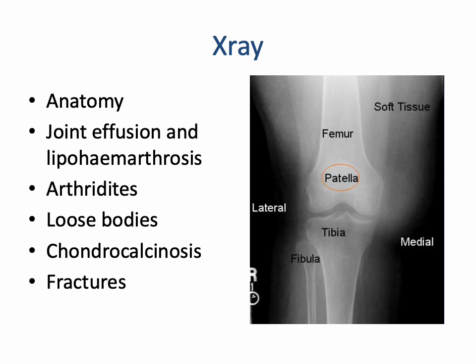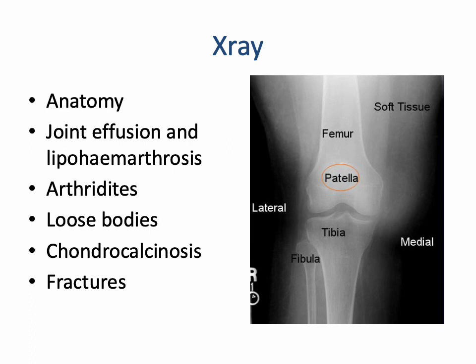So looking at plain radiographs initially, just to orient ourselves, this is the medial aspect and the lateral aspect of the knee. You can tell that because we've got the fibula on the lateral aspect. We've got the distal femur here. We've got the patella, which is probably better seen in lateral or skyline views. We've got the tibia and fibula.